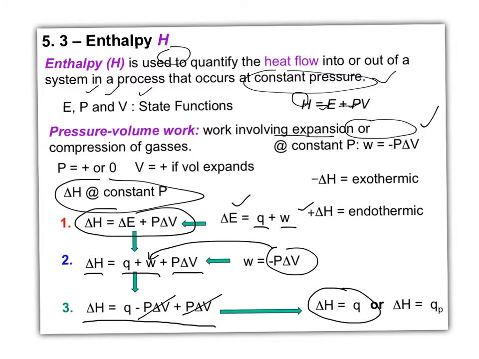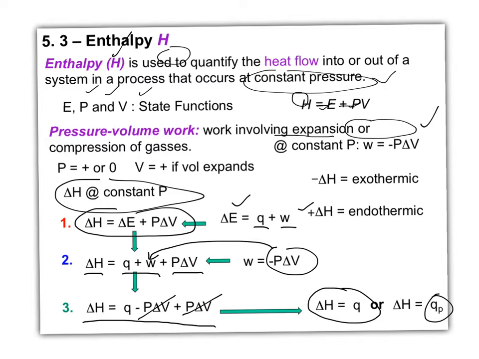We can also represent Q as QP, which represents your heat at constant pressure, the specific value that we discussed up here for our enthalpy. The reason why delta H is something that we actually utilize is because delta H can be calculated based on heat exchanges.